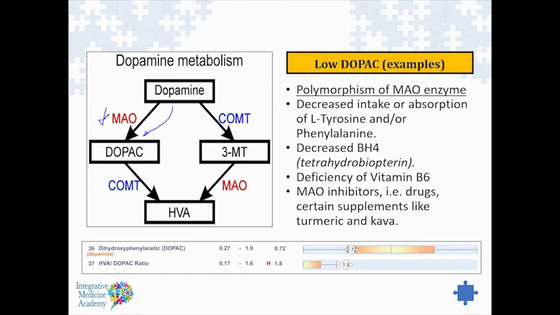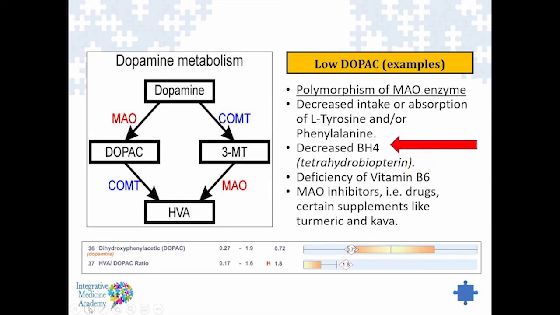If this activity is low, then we're not converting enough, and our DOPAC many times will show up to be low as well. It's a little bit complicated because in this particular scenario, you've got MAOA in a couple different locations. So it's not as easily straightforward to say it's purely from an MAOA mutation, but that is something to consider. Again, it would need to be tested for individually based off the genetic testing.